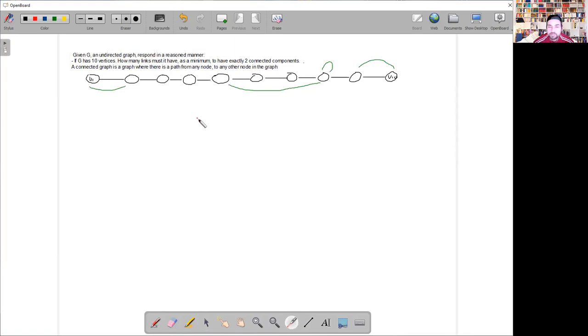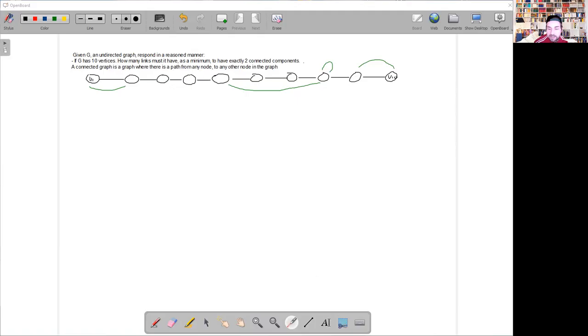This is the minimum. But now they are asking for two components, not the full graph, but two connected components of the graph, right?